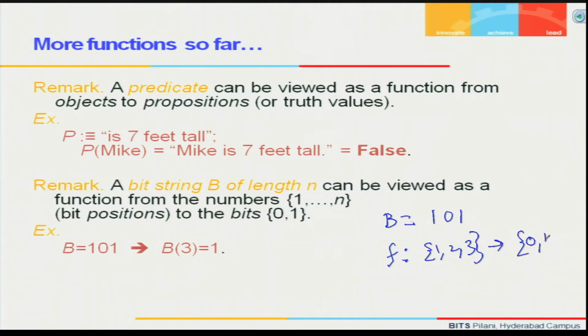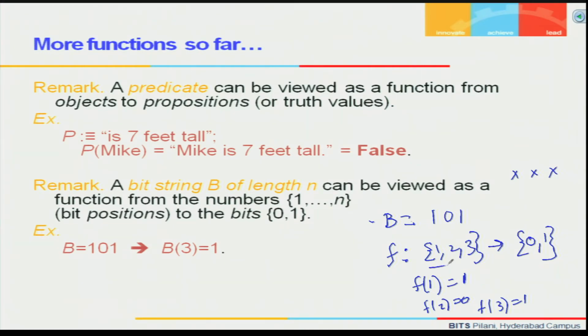What I mean here is, this can be equivalently represented by this particular function. How am I defining this function? F of 1 is equal to 1. That means in the first position I am putting 1. F of 2 is equal to 0. F of 3 is equal to 1. That means, because I am considering a bit string of length n, I will have 3 slots.